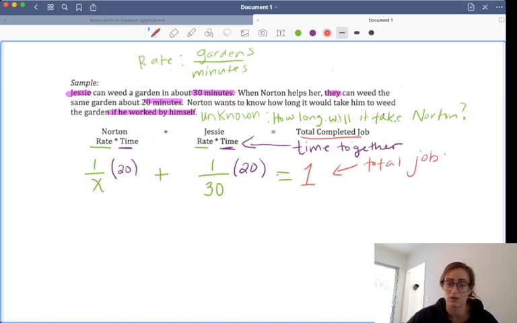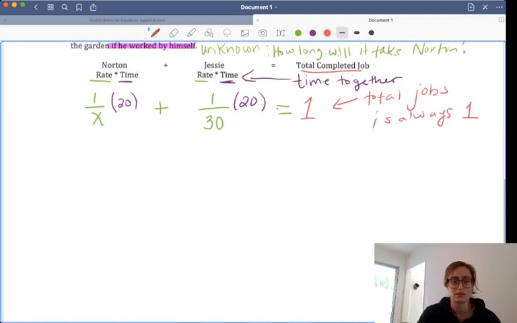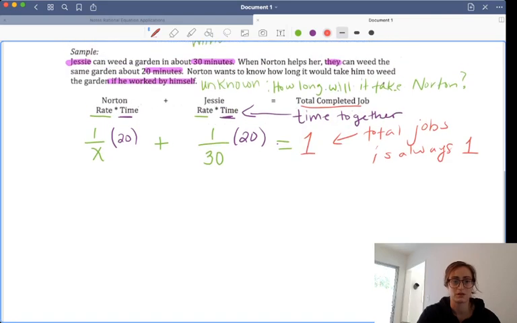The total jobs is always 1. They're working together to complete 1 job. Okay? Now, that's the hard part. The next part is not so bad.